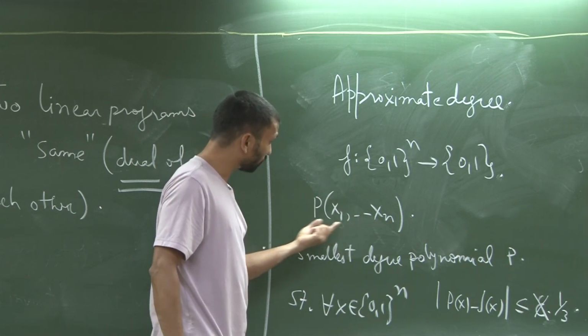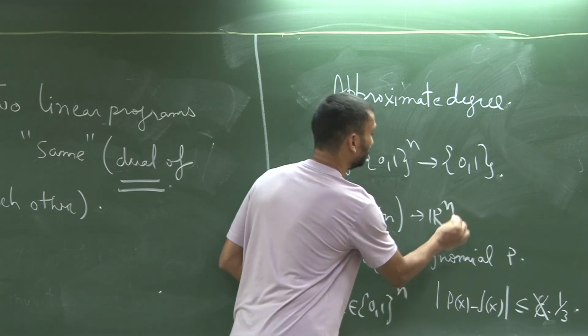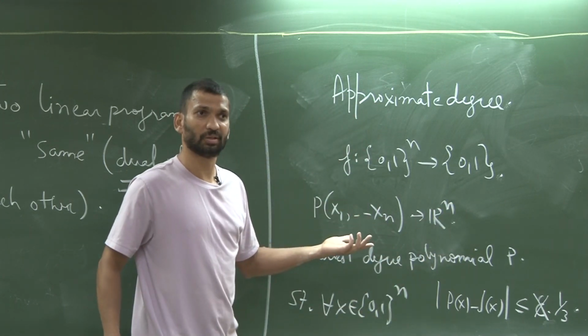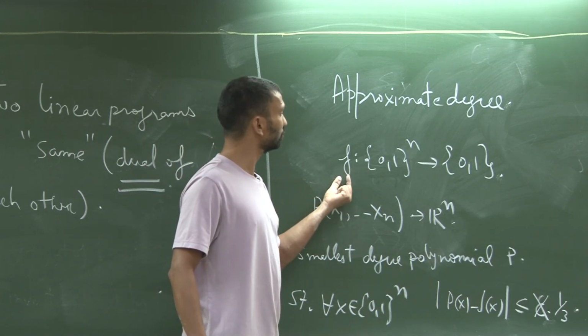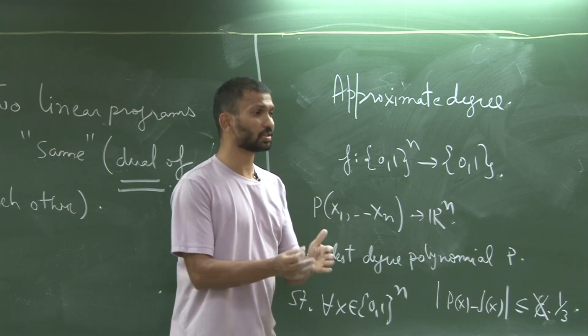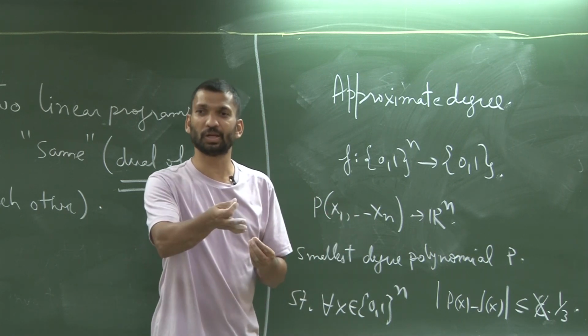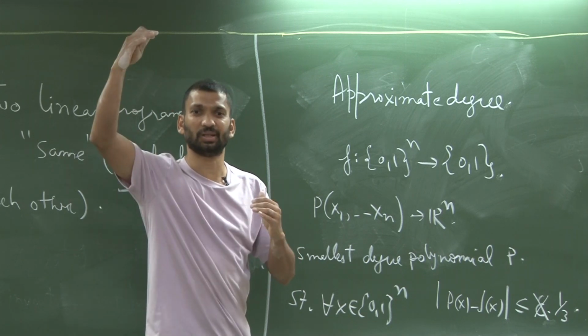So remember, now your x1 to xn are real. So this is a polynomial where your coefficients are coming from the reals. In spite of that, there is a single polynomial which agrees with this function on all inputs. This is one way in which you can say that your polynomial represents a function, but this is very expensive in the sense that you need a high degree.